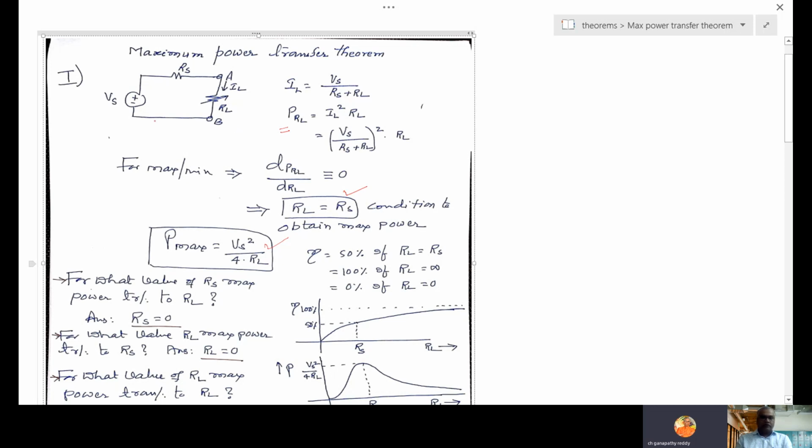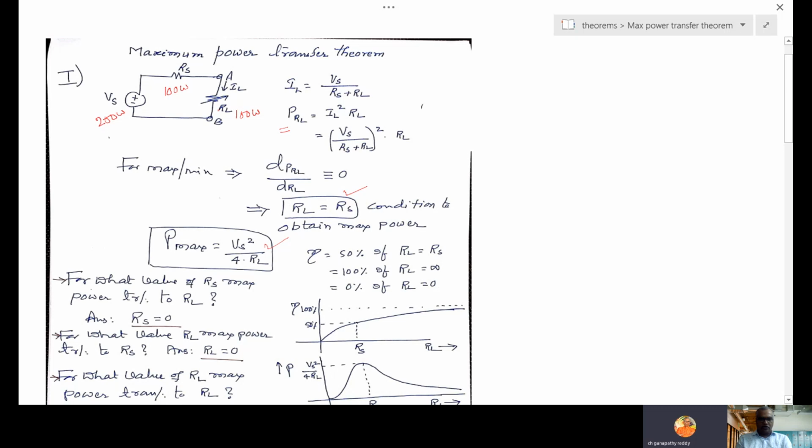For example, if the source is giving 200 watts, RS value and RL value are equal, so 100 watts will be dissipated in RS and 100 watts dissipated in RL. So what is the efficiency?